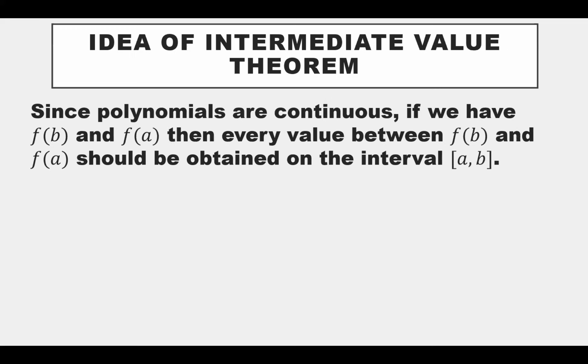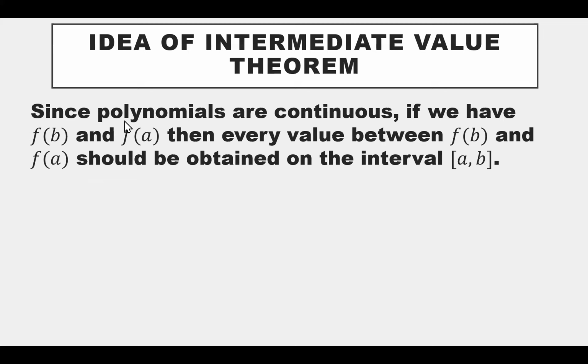The way we do that is we use the idea of what's called the intermediate value theorem. And basically, here's how the idea goes. Polynomials are continuous. The graphs of polynomials are continuous. So if we have two values on the x-axis, we'll call them a and b, then f of b will give me some output value, f of a will give me some output value.